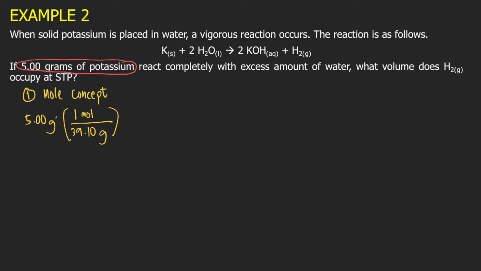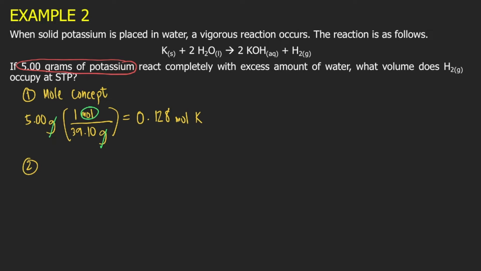So grams will cancel out, and now you have moles. 5 times 1 divided by 39.10 is approximately equal to 0.128 moles of potassium.